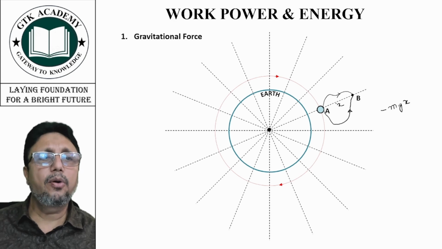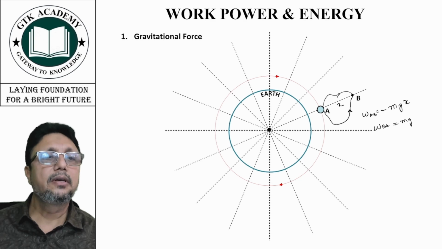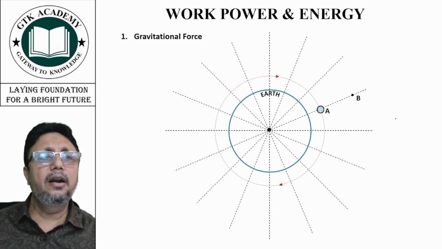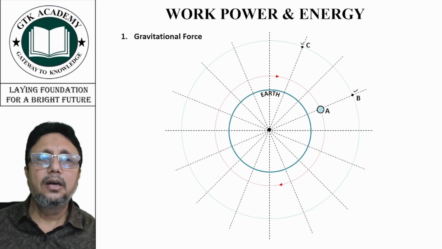And if you bring it from B to A, so this is work from A to B, work done by gravity. Work done from B to A will be mgx. So in a round trip, it is going to be 0. Similarly, if you have another point C, if you take the body from B to C, there will be no work because you have not moved in the direction of force.